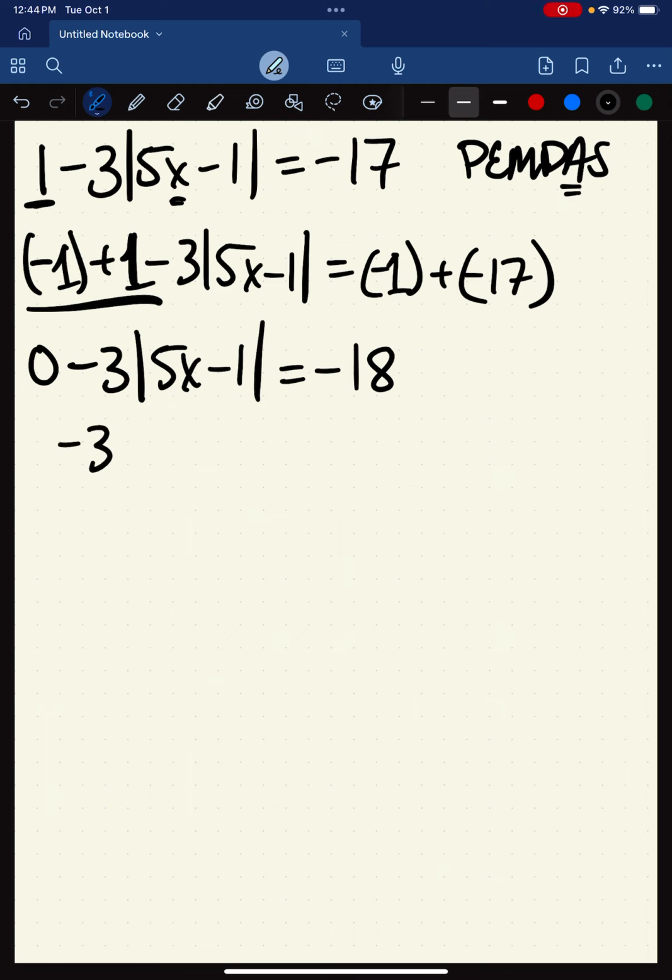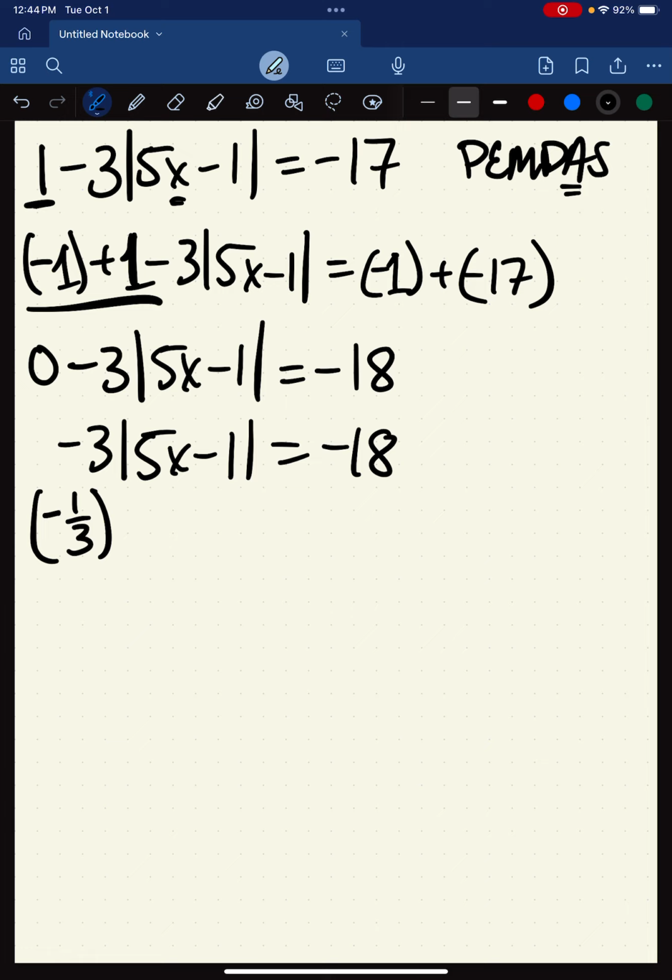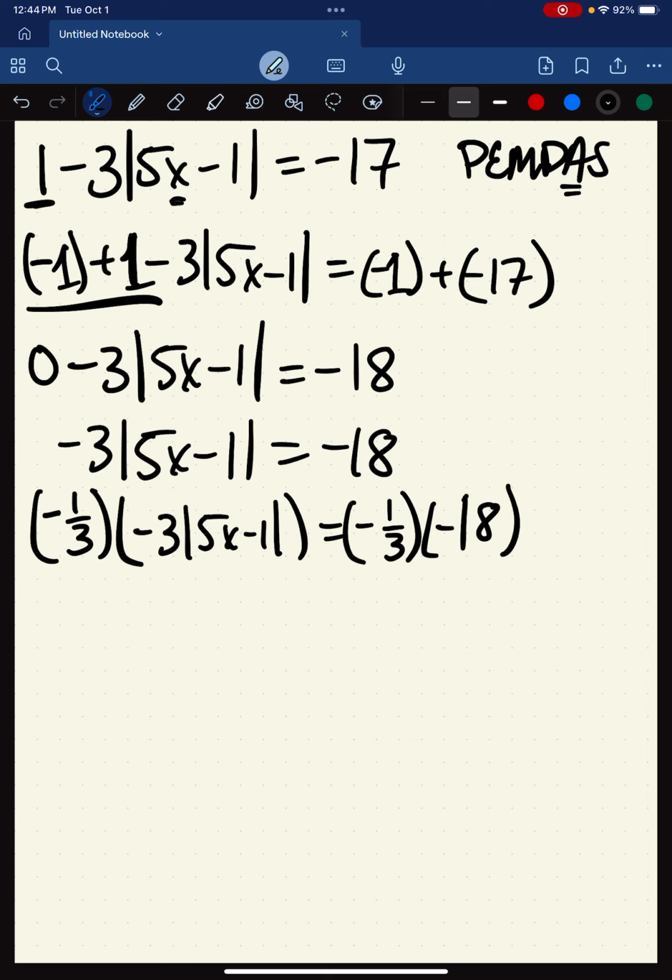So here we have negative 3 times the absolute value of 5x minus 1 is negative 18. We can multiply both sides by the reciprocal of negative 3, which is negative 1/3. On the left side, using the associativity properties, we can group those two together.